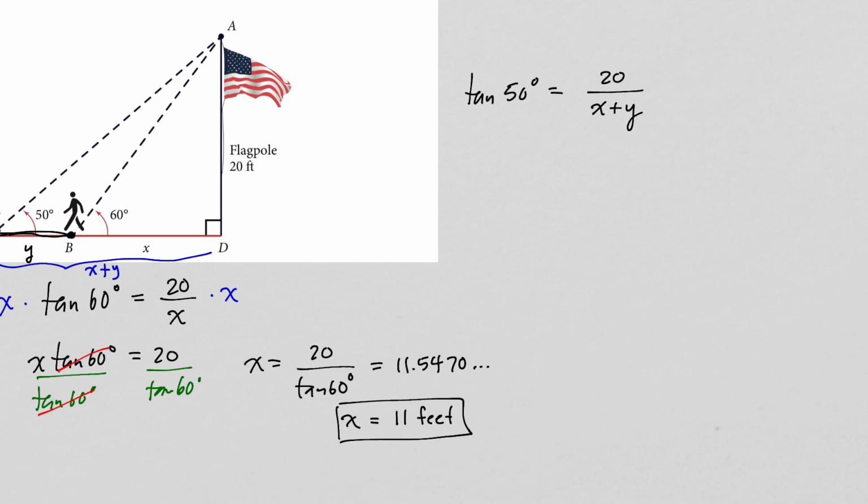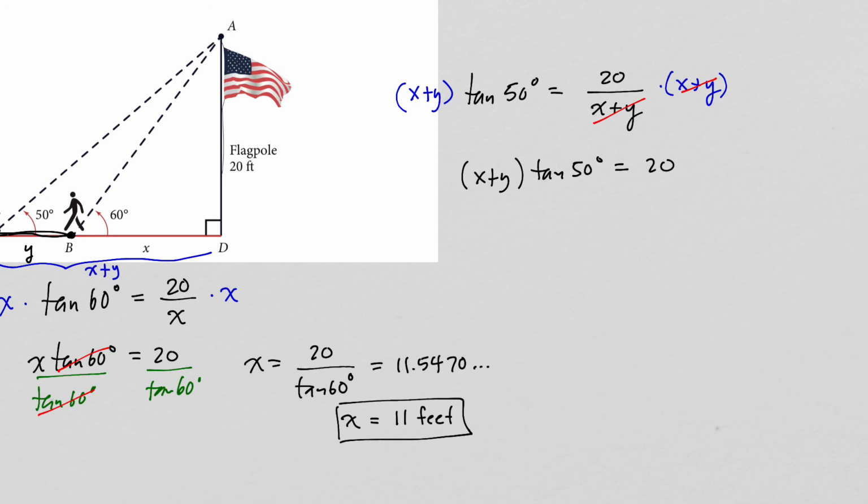So I'm just going to multiply both sides by x plus y. That will cancel these out, and we get x plus y times the tangent of 50 degrees is equal to 20. Now in this case, I'm not going to distribute this because x plus y is actually what I'm looking for, right?